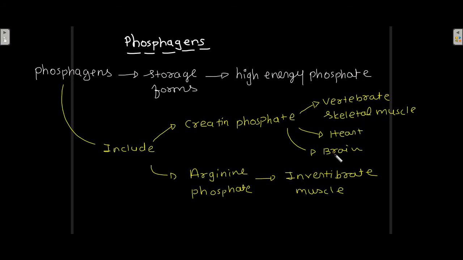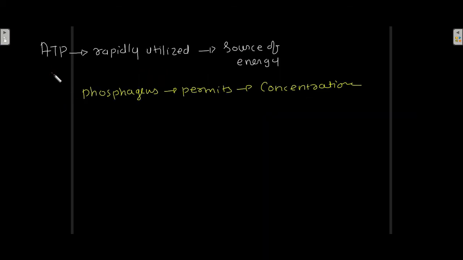And the second type, that is arginine phosphate, is found in invertebrate muscle. Okay, so phosphagen has two types, creatine phosphate and arginine phosphate, and they are the storage forms of high energy phosphates. Now when ATP is rapidly utilized as a source of energy, then phosphagens permit its concentration to be maintained.